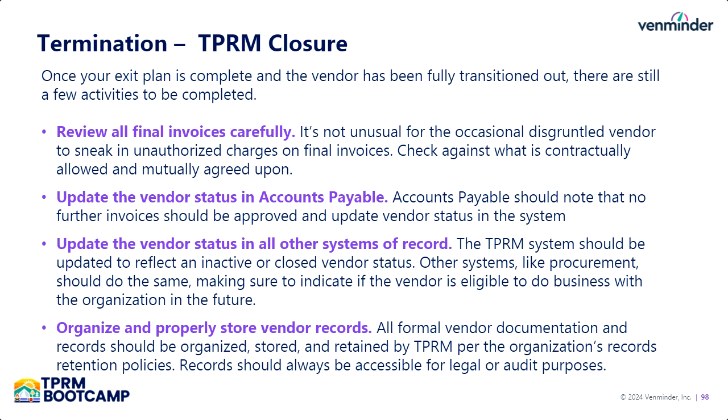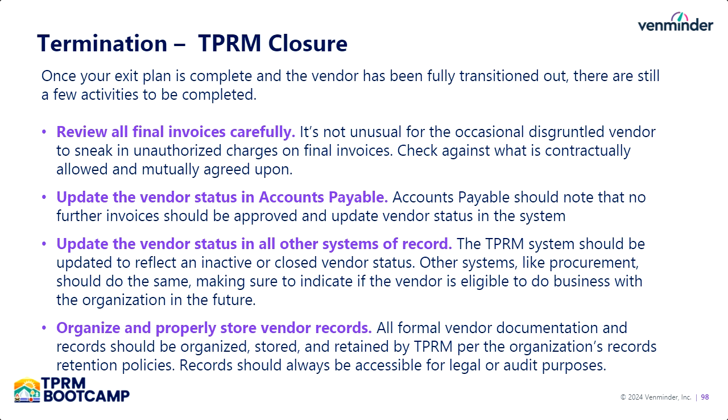We also want to make sure that we are updating the status of the vendor in all systems of record. That's not just accounts payable, but if you have a separate contract management system, procurement and sourcing systems are also very important, especially if we've terminated that vendor because they did something we didn't like, they had poor performance. We don't want them being invited back in for another RFP, et cetera.